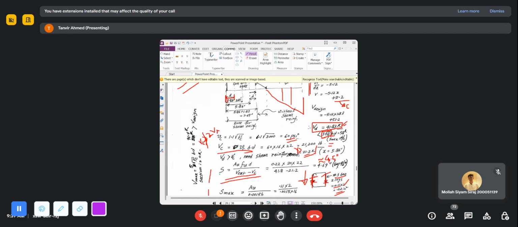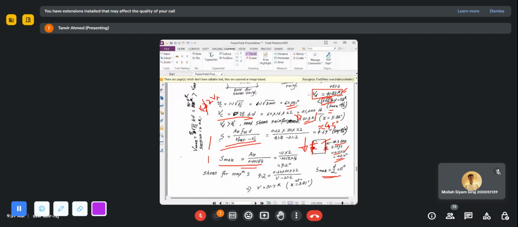So from here the value I get is 9.2 S max. This is one value. And another value is D by 2 equals 11 inch. So since this one is smaller, we take this value. So the maximum spacing that we can provide is 9.2 inch.